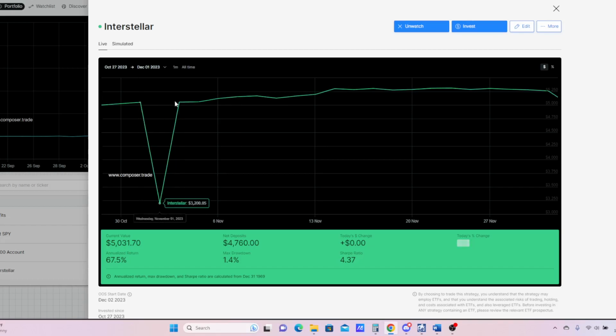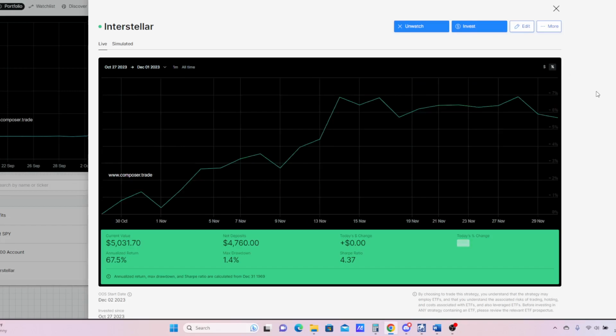I really wish they would fix this data error, because that's kind of annoying to look at. So this is the equity curve on my live account. This down day here, that was that failed trading day. I'm not sure what that would have looked like if the trades executed the way they were supposed to. But my account didn't trade at all that day, so it kept the previous day's holdings.